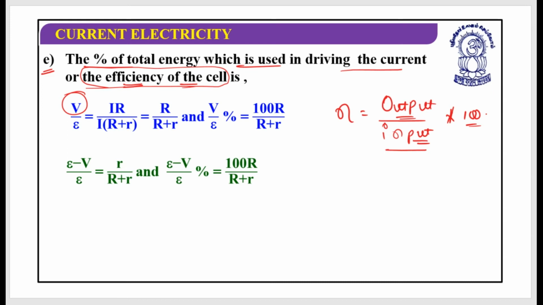What we provide as input is the EMF. So V equals IR, and EMF equals I into (R plus r). The I has cancelled, and this is R divided by R plus r.